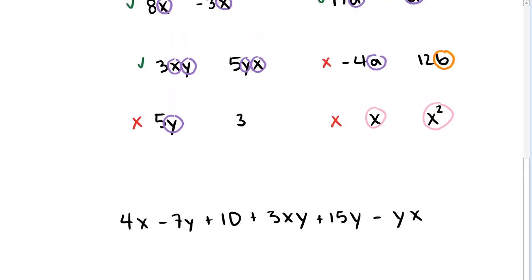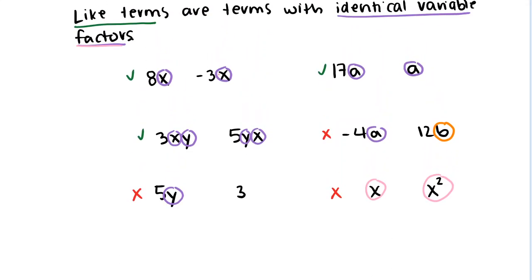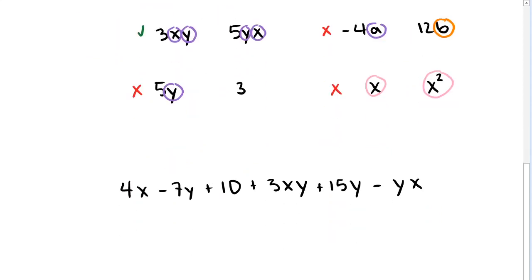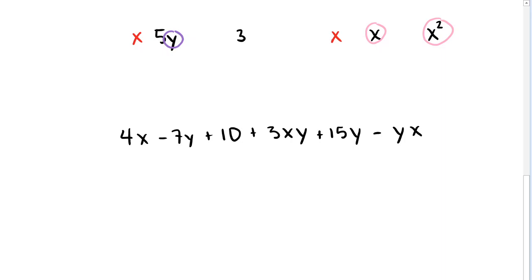So, we call these things like terms. And I defined this word terms a while ago, but let me just remind you what terms mean. When we're adding and subtracting a bunch of things together, each one of those parts of our expression that are being added or subtracted, those are examples of terms.